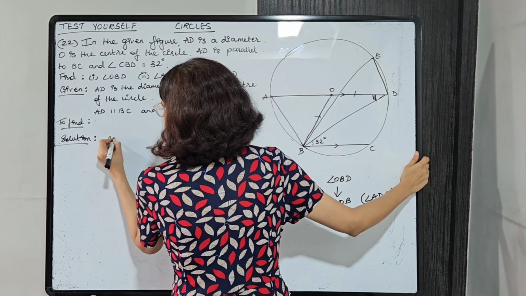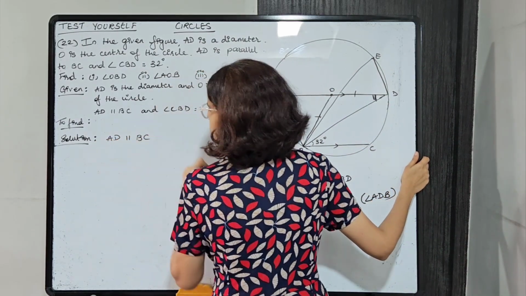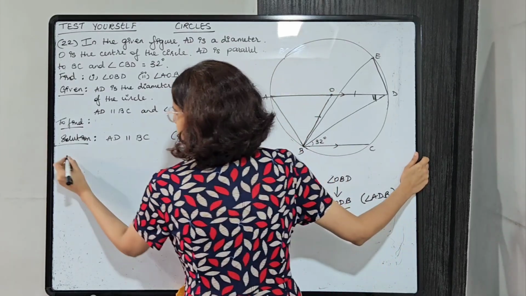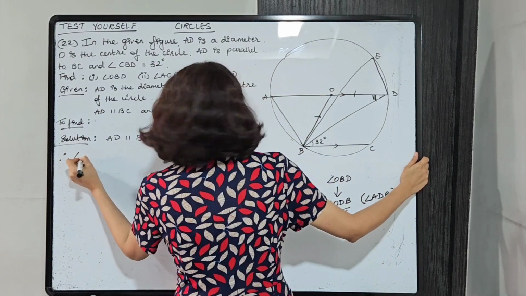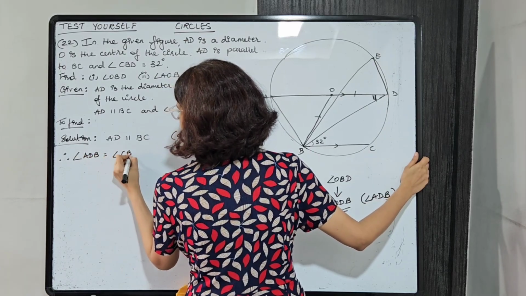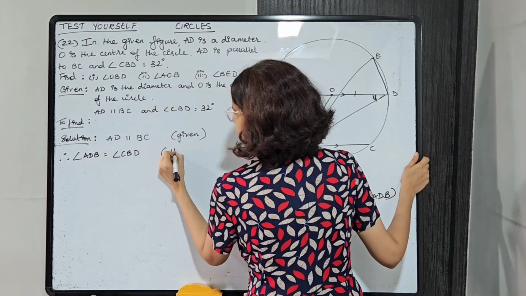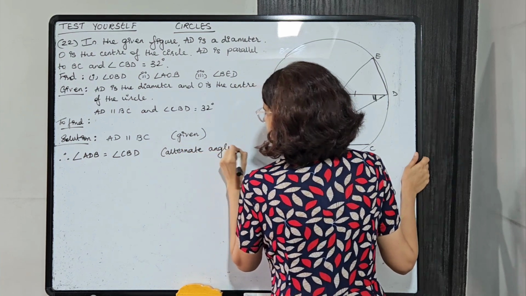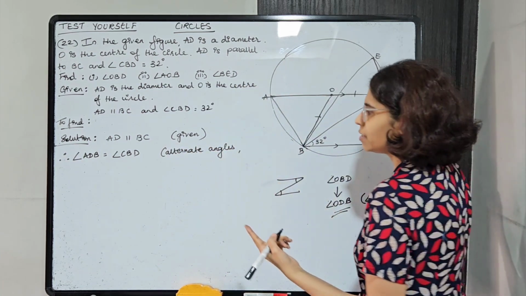So write down AD is parallel to BC. This is given. Therefore, I can say angle ADB is equal to angle CBD, alternate angles. Write down the parallel lines and transversal as well.